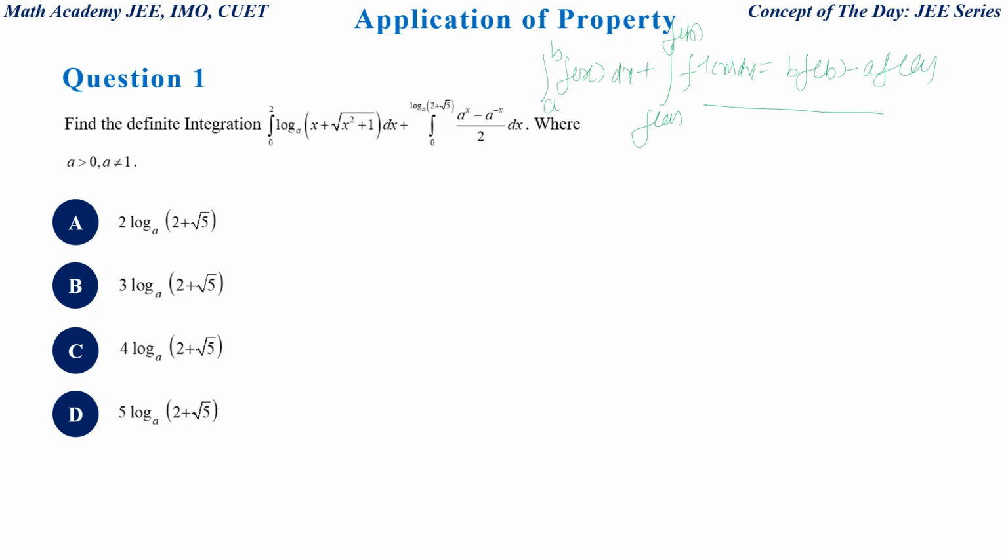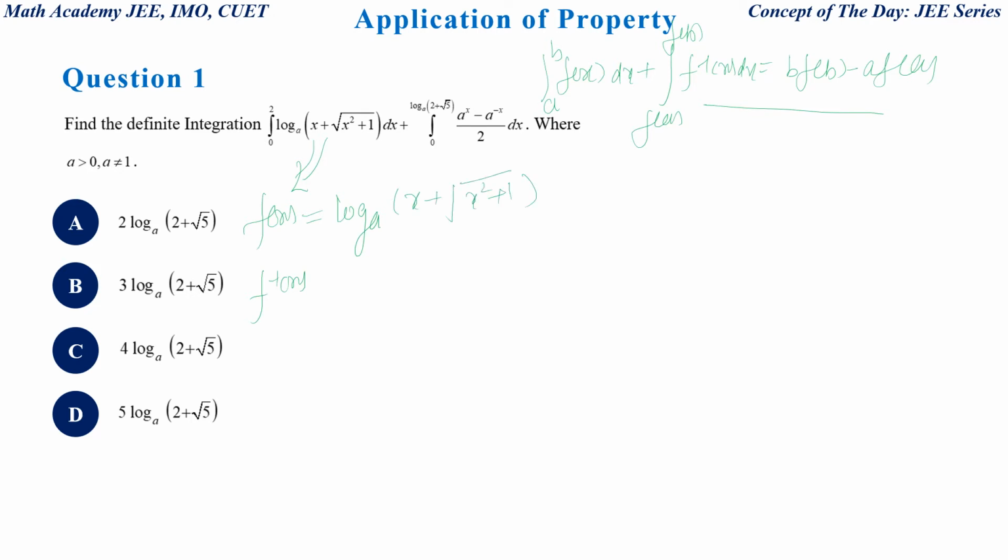The objective is that you need to identify the main function and its inverse. If this represents the main function and this represents the inverse of this function, then we are in a position to apply this property to the question. Let's take f(x) is equal to log base a of x plus under root x squared plus 1.